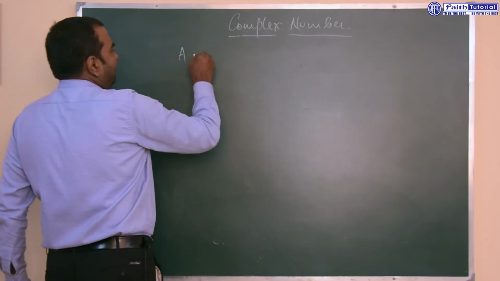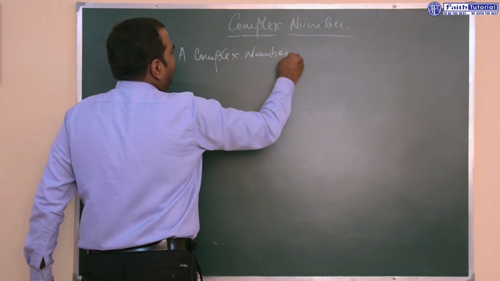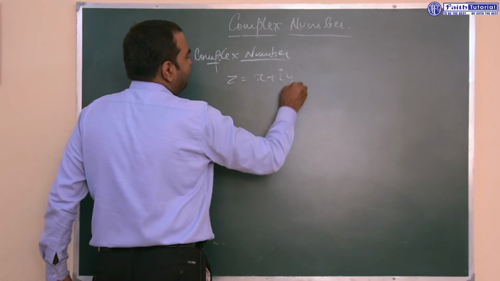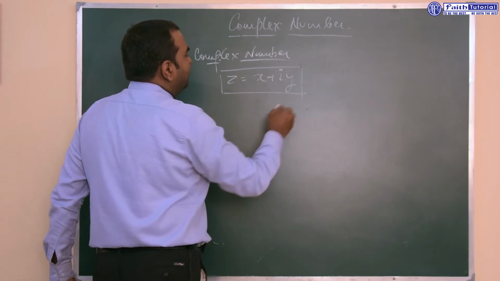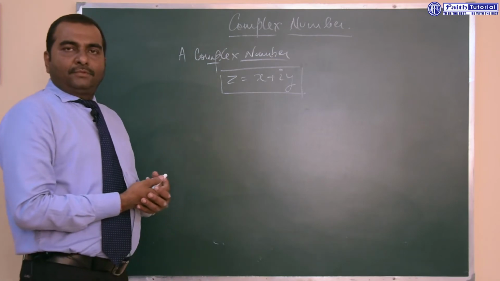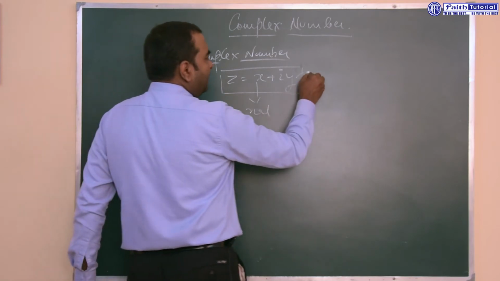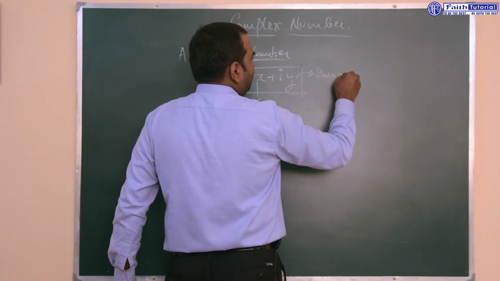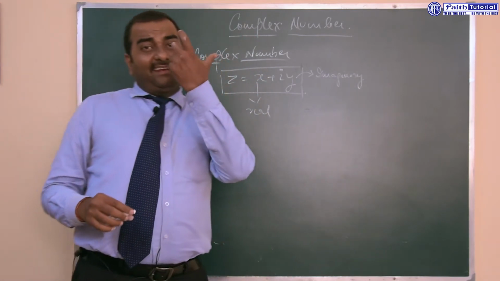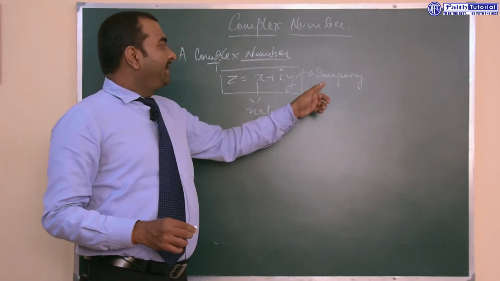A complex number in complete form is taken as z equals x plus iy. Yes, that is the proper definition of a complex number, where x is called the real part and y is called the imaginary part.